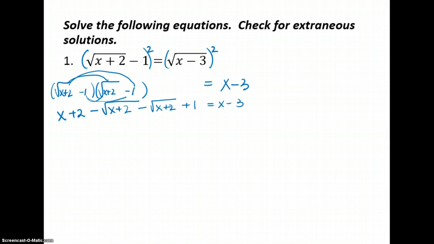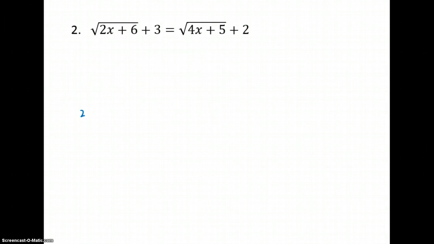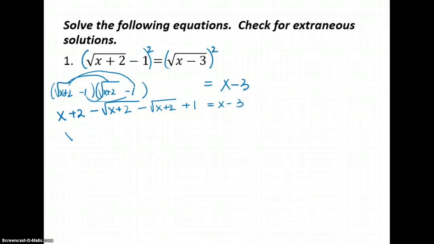Now I've got a lot going on here. I'm going to clean up my like terms, and again I'm going to isolate this radical term. So how many radical terms do I have there? Well, I have two. I have an x plus 3, those two go together, minus 2 square root of x plus 2 equals x minus 3.